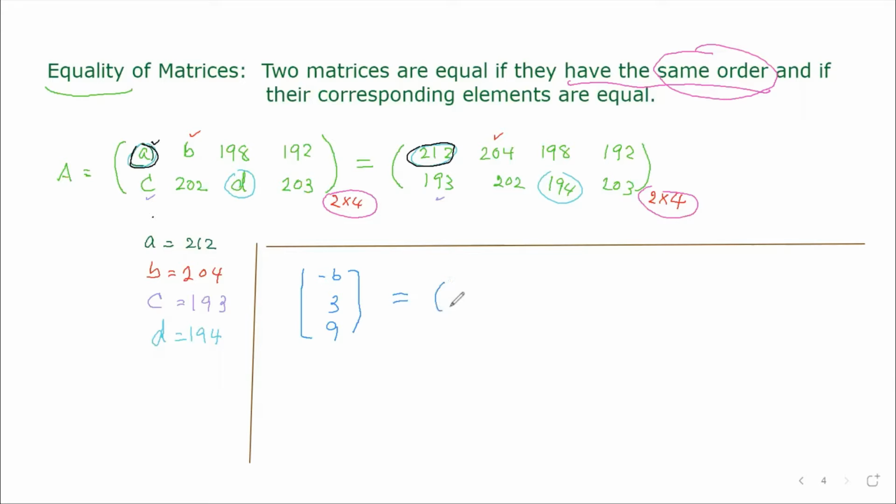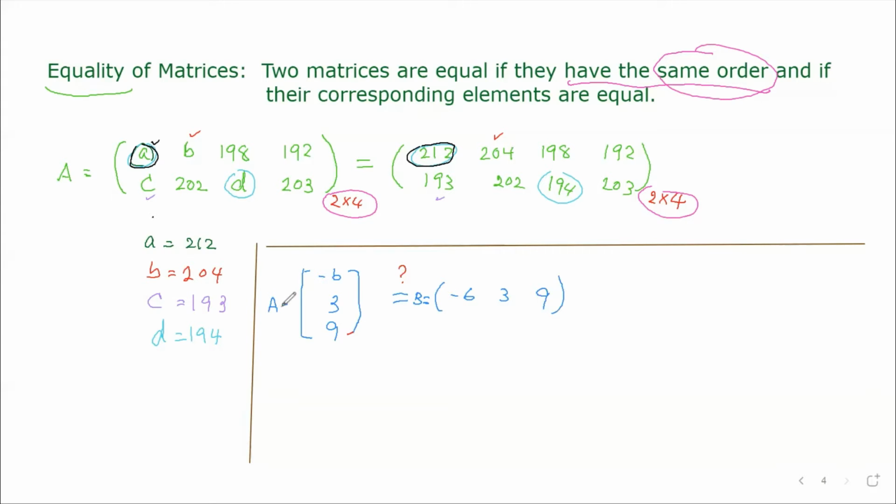And this one, negative 6, 3, 9. Call this one matrix A and this one matrix B. My question: does matrix A equal matrix B or not? You check.